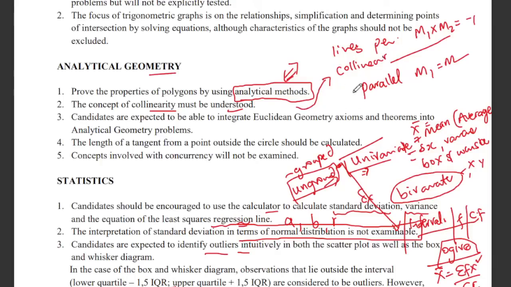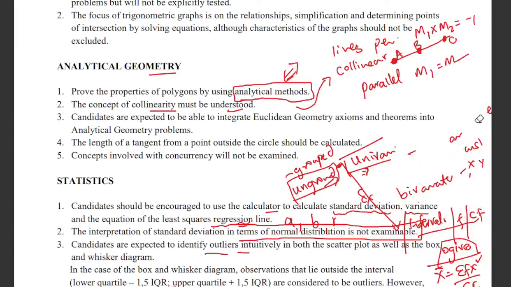Collinear points are basically points that lie on the same straight line. If we have a point A, a point B, and probably a point C, and these points are collinear, then we expect the gradient between the points to be the same. We know that the gradient of a straight line is always constant across.